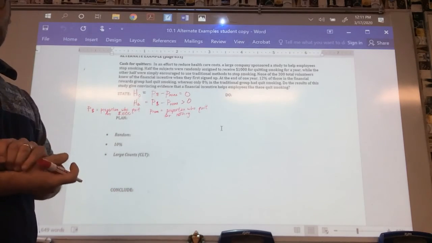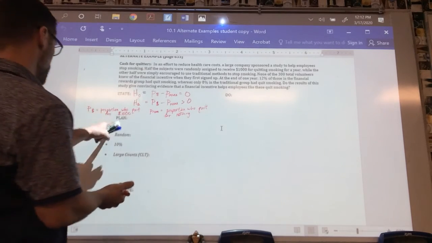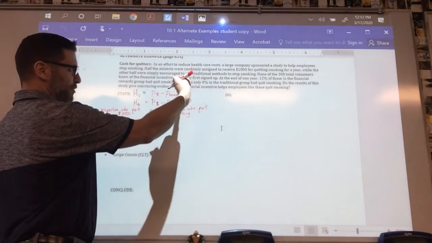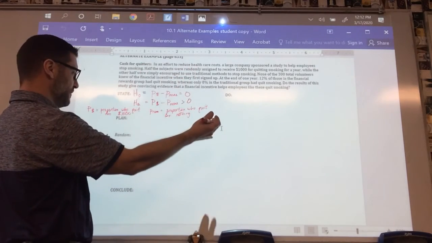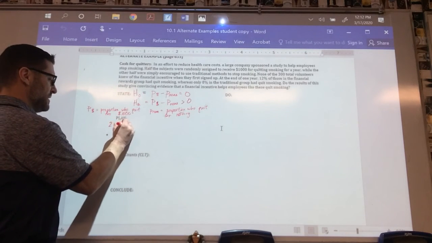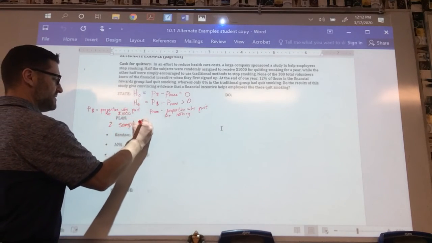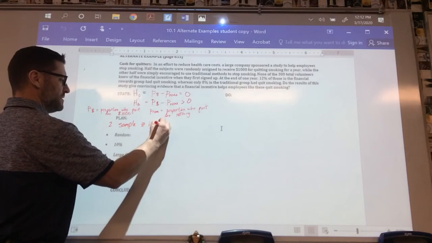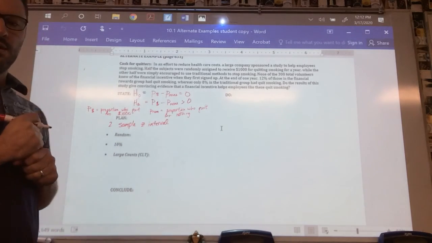We have a 2-sample Z test, so I do know it's that. We have a sample of quitters with $1,000 and a sample of quitters with none. So it's a 2-sample Z test. I do know that.